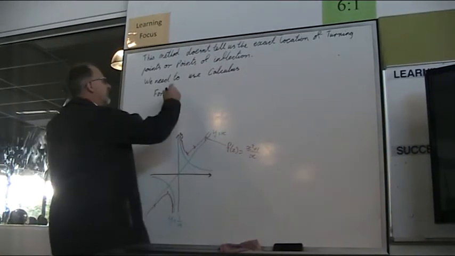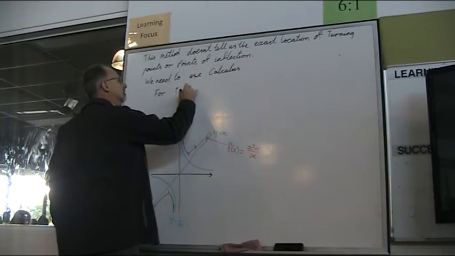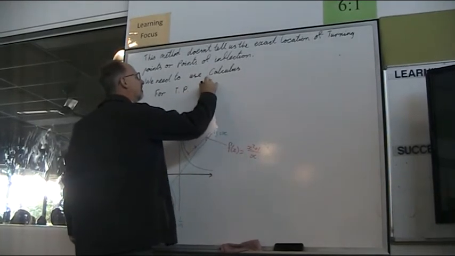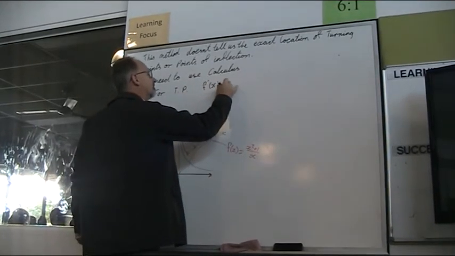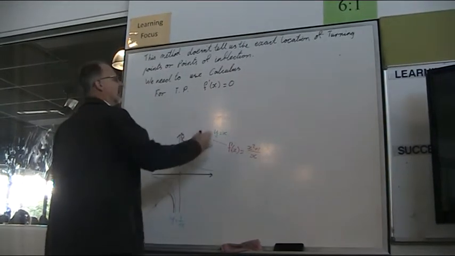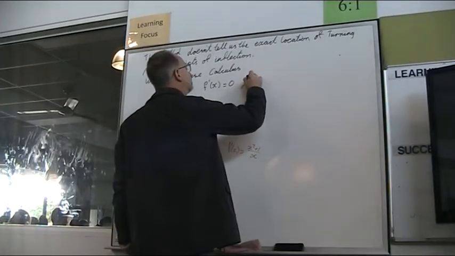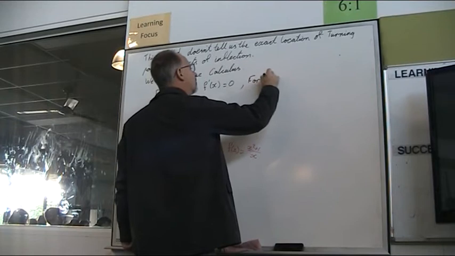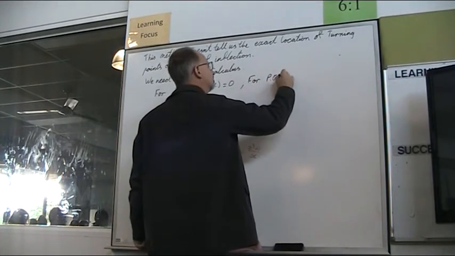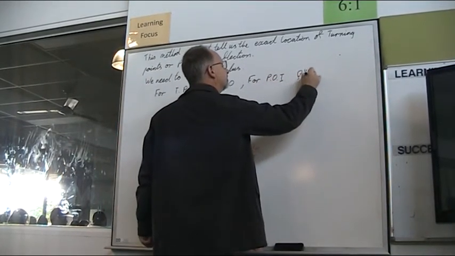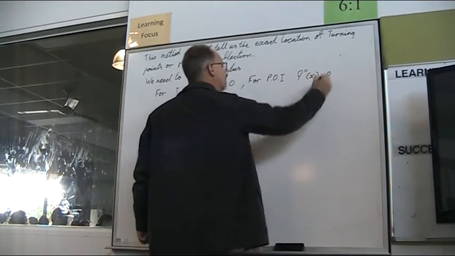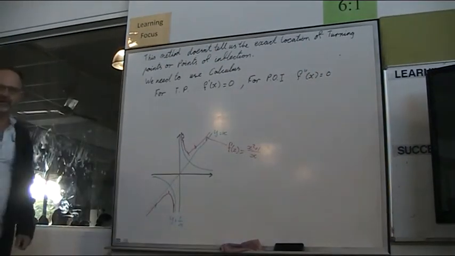So for turning points, f dash x equals 0, and for points of inflection, the second derivative would be equal to 0.